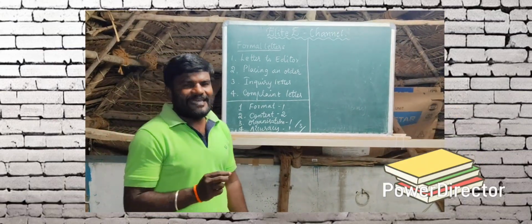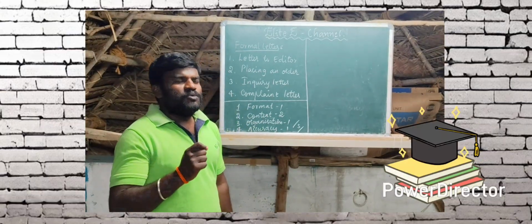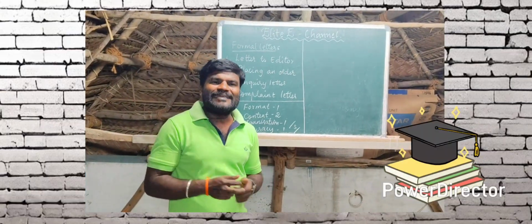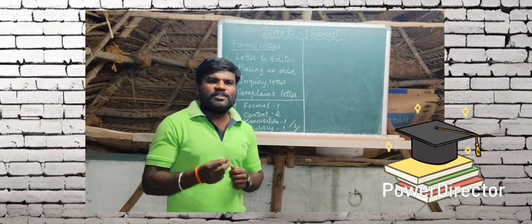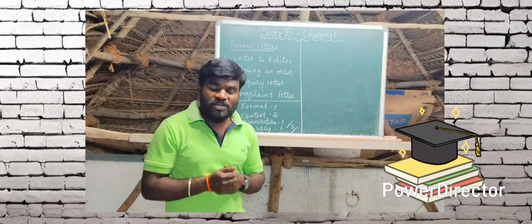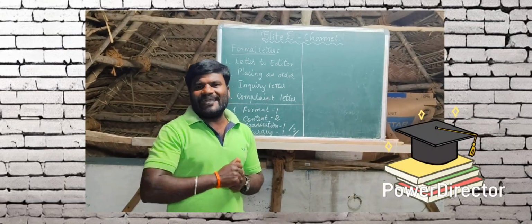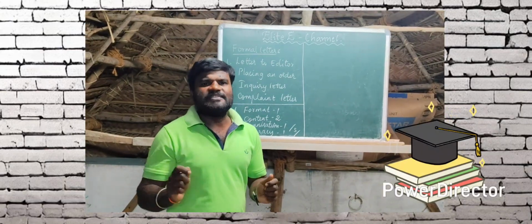So what is the exact format for all the 4 letters? You may have a doubt: if you are writing the sender's address, whether you are supposed to use the name of the person or the position of the person. There will be a lot of questions in your mind. We can clarify all your doubts in this video.